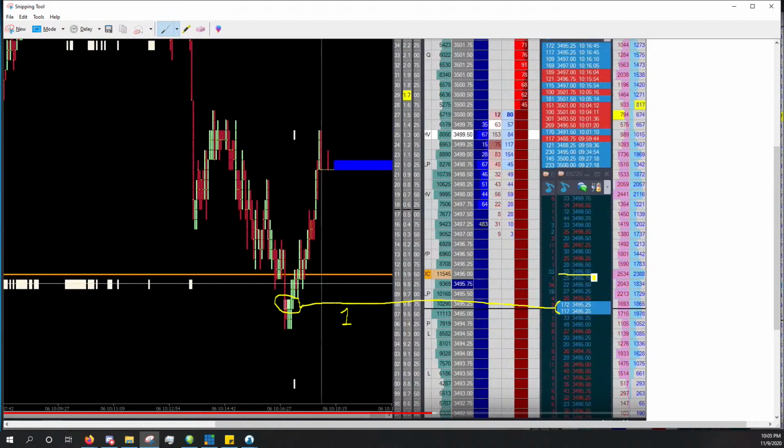So from here to here, happened in here for the most part.